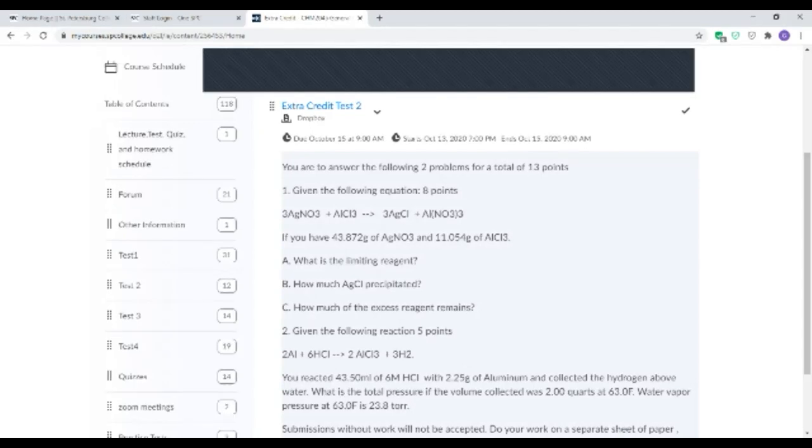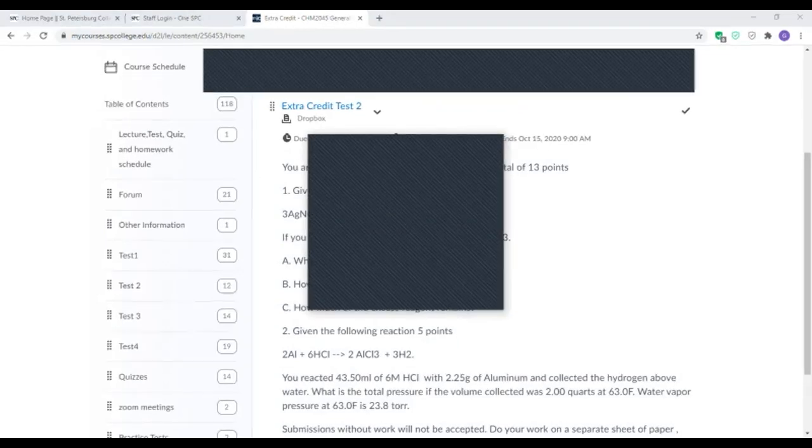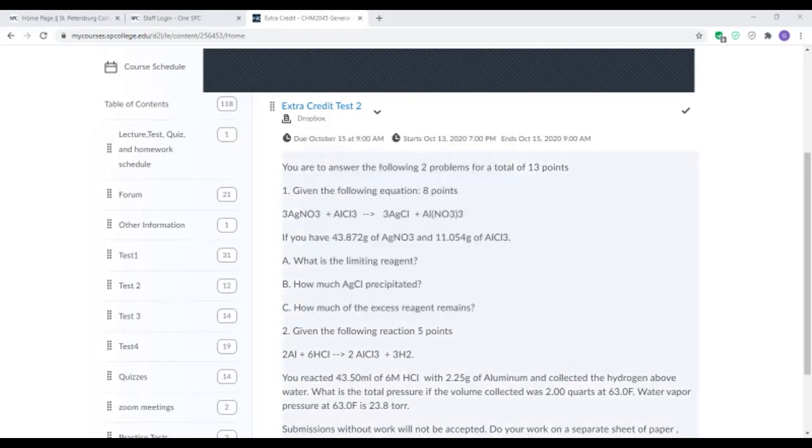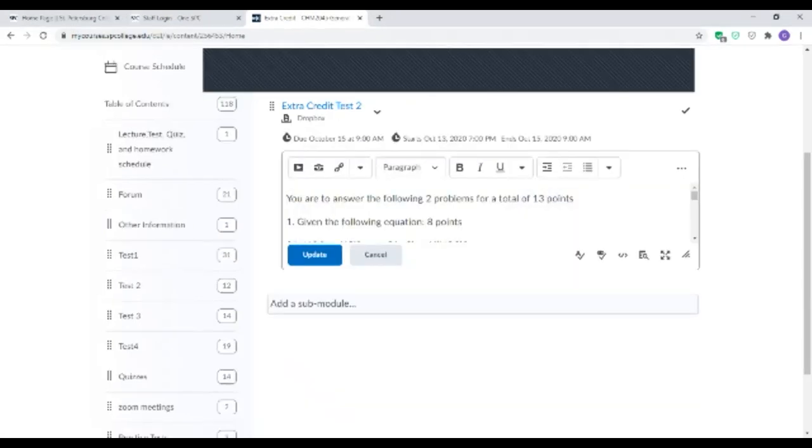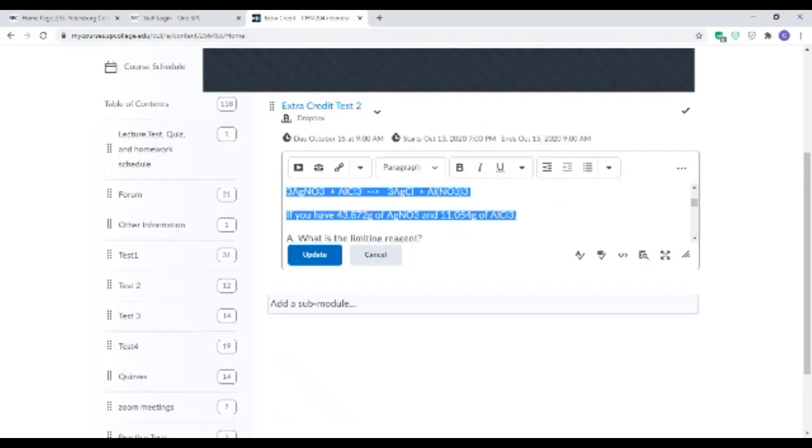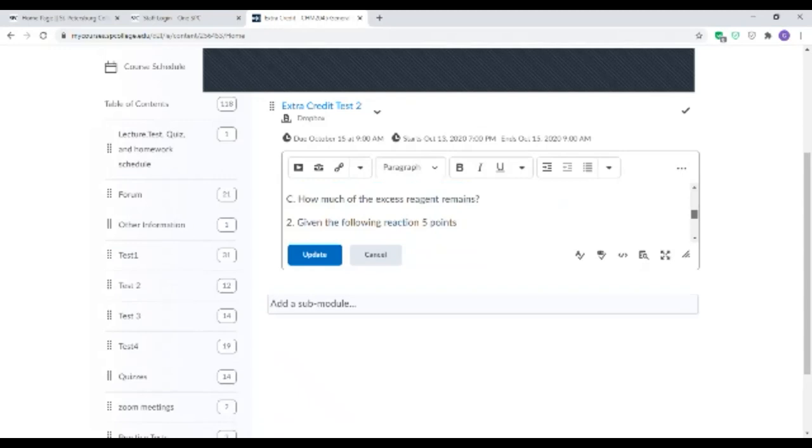You have to tell me what the limiting reagent is, how much silver chloride precipitated, and how much of the excess reagent remains. And that's it for that one.